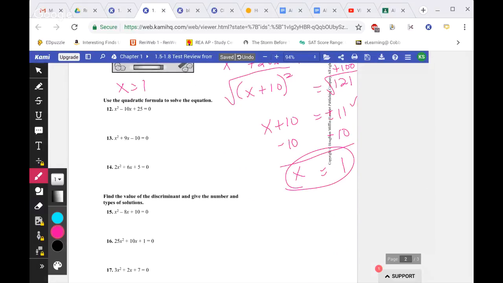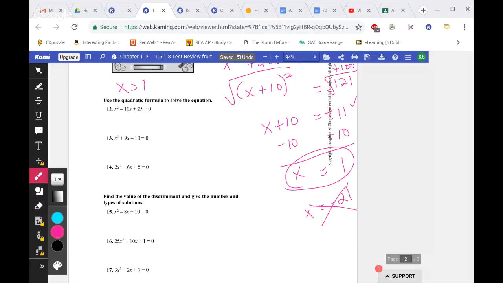You don't have to put the positive because you're basically looking at positive 11 minus 10, so that's 1. And the other answer is negative 11 minus 10, which would be x equals negative 21. But that's not a logical answer because you can't have negative 21 feet when you're measuring something. You can only have a positive. So you could just write x equals 1, which is fine.